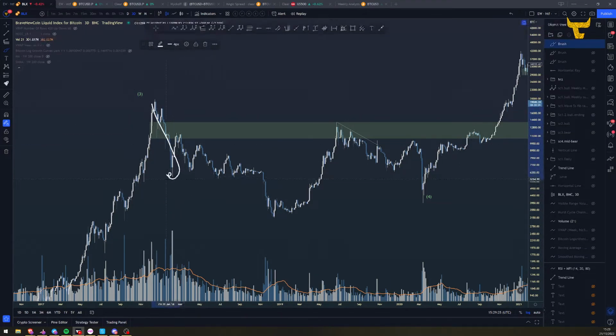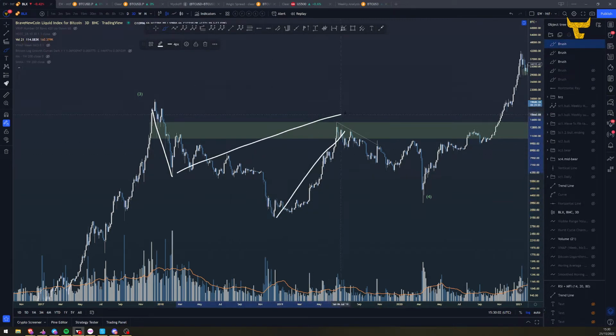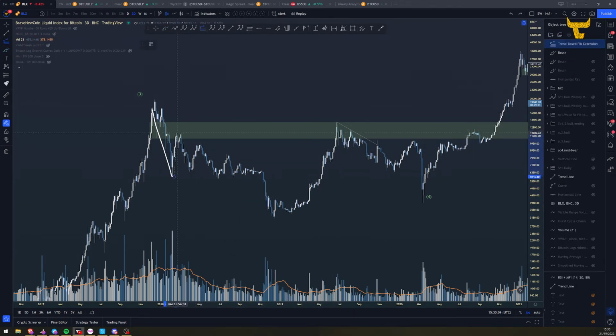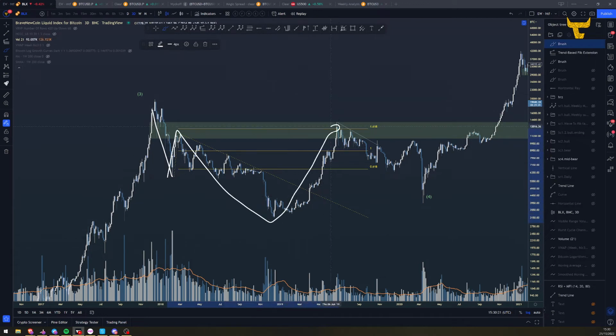So the idea is to have a wave A here, a sub wave A of the B with a triangle A, B, C, D, E. So A, B, C. The idea is to have a wave C of the B here, so an A, B, C somehow. Right, A, B, C here, 161.8.